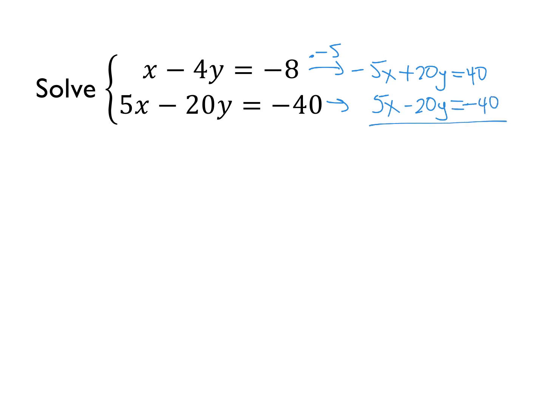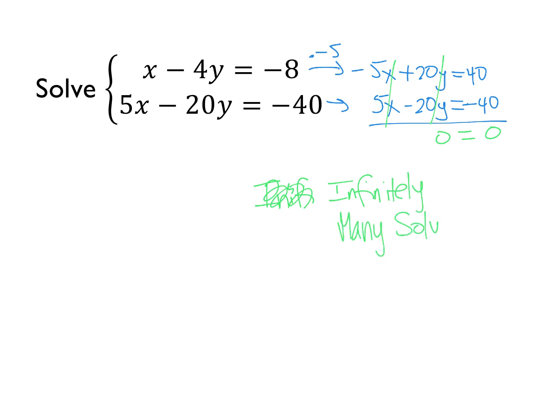And then notice what happens this time. X's cancel, y's cancel, so the left side becomes 0, and the 40's cancel. So if you get 0 equal to 0, that is a situation in which you have infinitely many solutions.